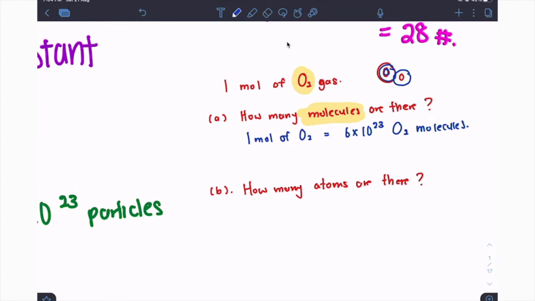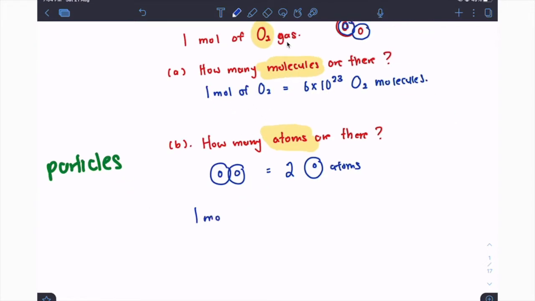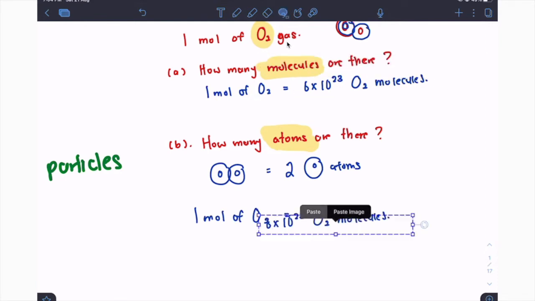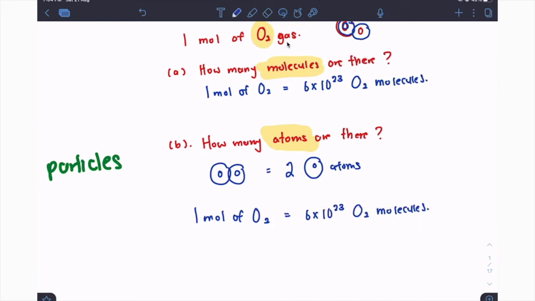But in part B of the question, they didn't just ask you how many molecules there are, they're asking you how many atoms there are. So we know that in a single oxygen molecule, there are a total of 2 oxygen atoms. So in 1 mole of oxygen, of course, I have 6 times 10 to the power of 23 oxygen molecules, but that's not what the question is asking.